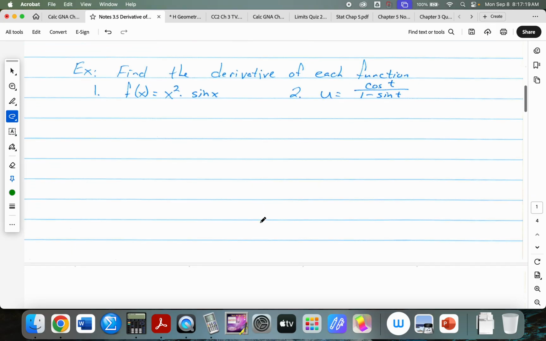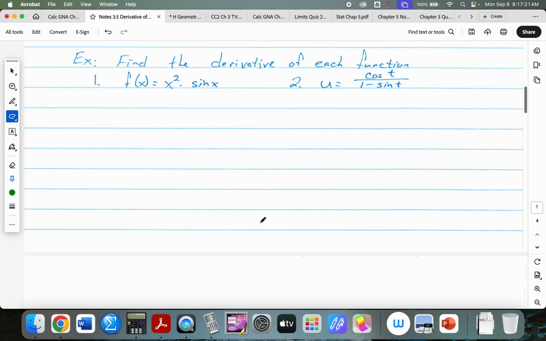And now you can see an actual need for the product rule, for example. Before, when we were only doing polynomials, the usage of the product rule was kind of dumb. You should actually multiply them together first.